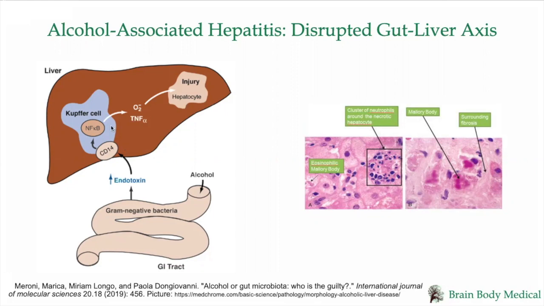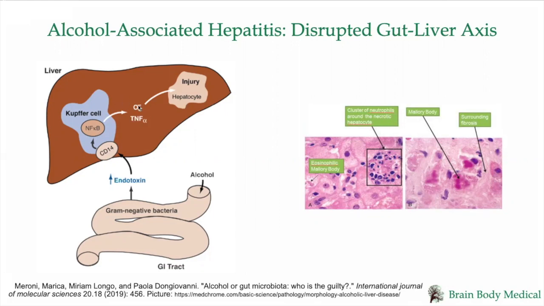So the endotoxin goes to the Kupffer cells, and you have generation of these cytokines and these reactive oxygen molecules. So the endotoxin causes activation of the NF-kappa B pathway.